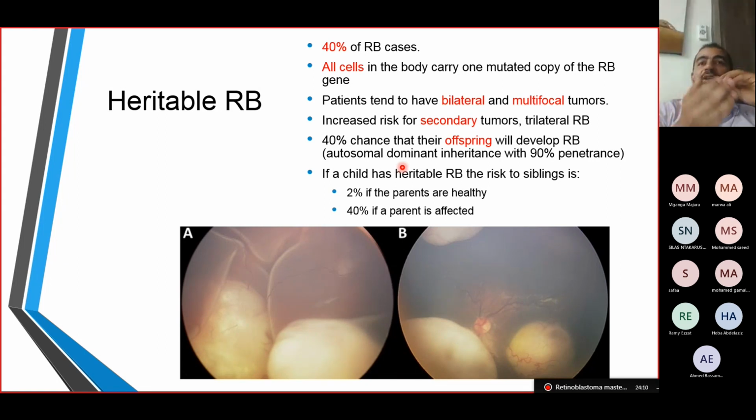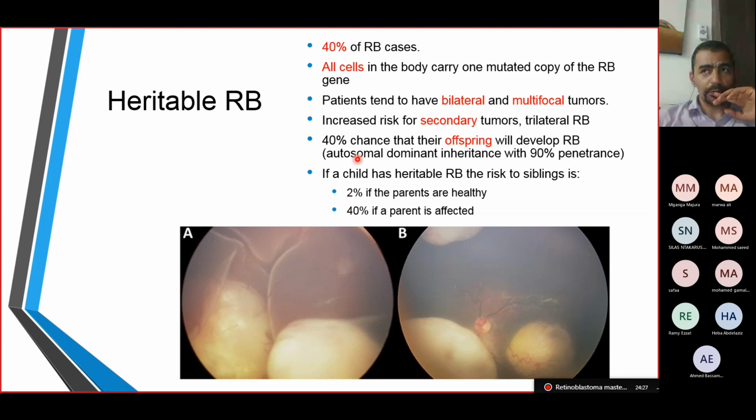The chance of having the gene is 50%. But because the penetrance here is 90% and not 100%, the final chance of developing the retinoblastoma in the offspring drops from 50% to 40%.